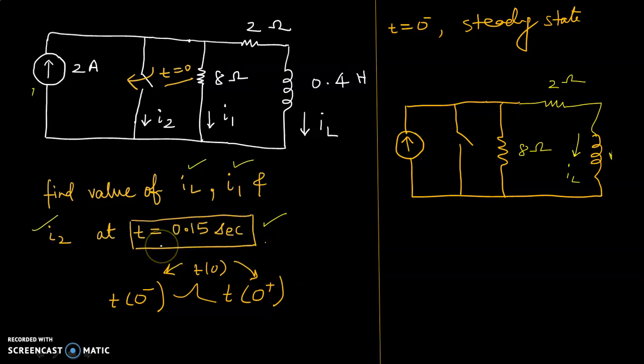Alright, so let us just focus on this question. I am going to solve this for you to have a better understanding of how the transient response is solved. This is your t is equal to 0, and in the neighborhood of t is equal to 0, there is t is 0 minus and there is t is 0 plus.